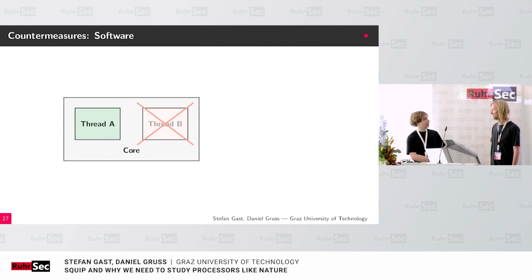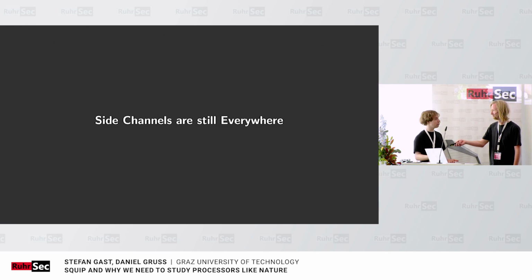Yeah, but this is not great, right? We found a new side channel, and it's also still there. Side channels are still everywhere, and the question is, how can we solve this?